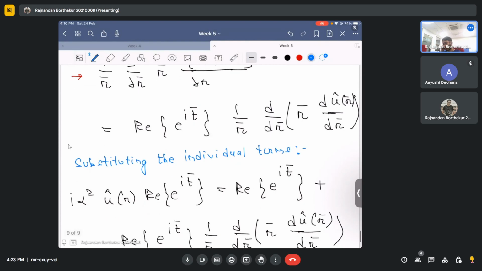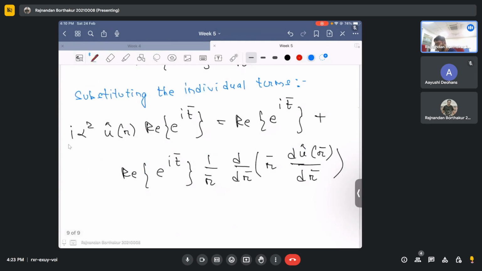Now, this real of e power I t bar, we are assuming that this is not 0, because if that is 0, then u hat of r will always be 0, and that's a trivial solution, right? And we are not interested in the trivial solution.